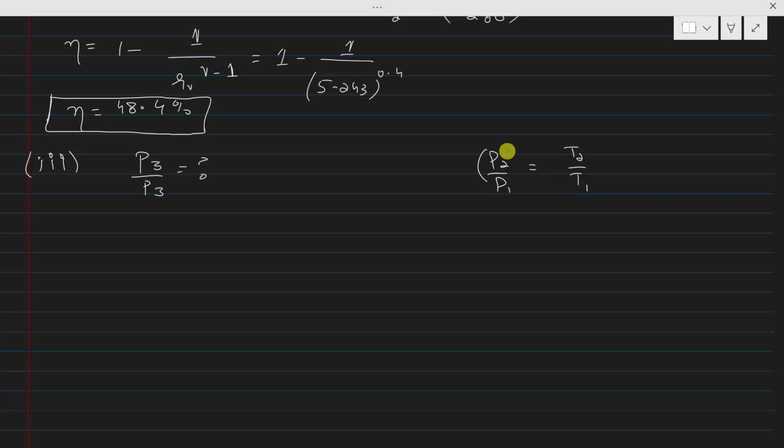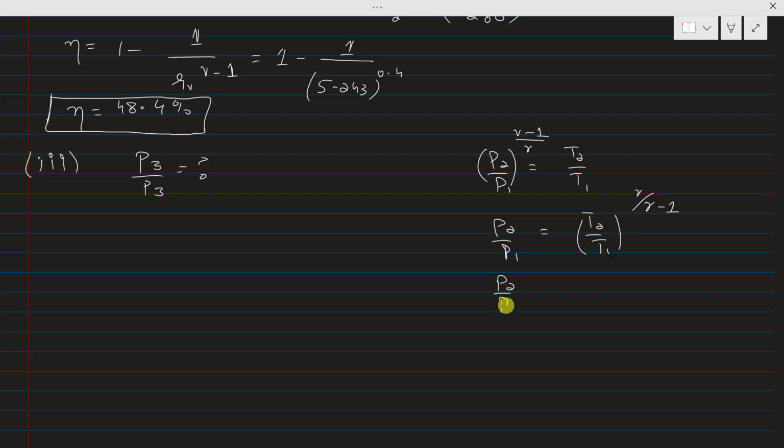In an isentropic process, P2 divided by P1 correlates with T2 divided by T1 to the power gamma minus 1 divided by gamma. So if you are interested to find P2 divided by P1, we need to eliminate these terms and convert that to that side. So P2 divided by P1 will become T2 divided by T1 to the power gamma divided by gamma minus 1.